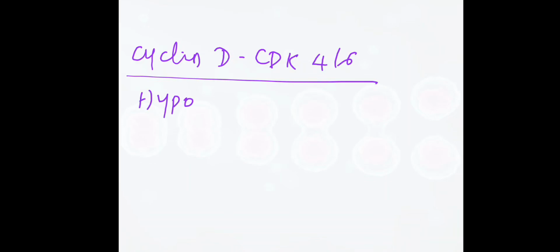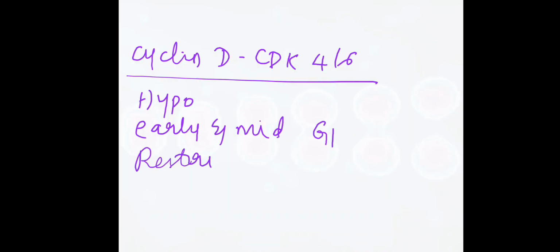So what did we learn now? We learned that cyclin D CDK 4 or 6 phosphorylates, that is hypophosphorylation, during early and mid G1 phase, which is very much needed, and is a prerequisite of the restriction point.